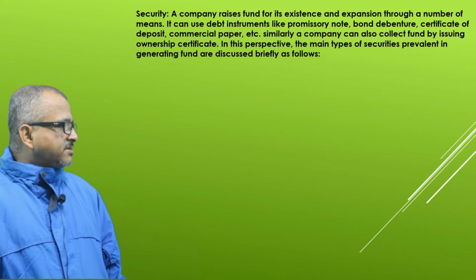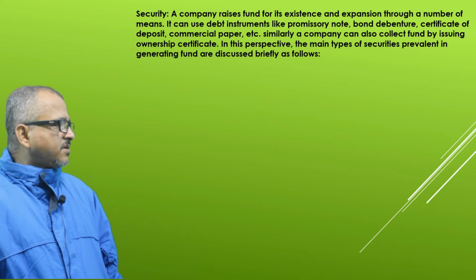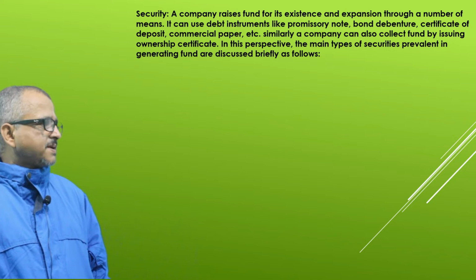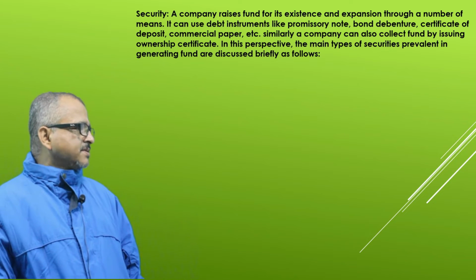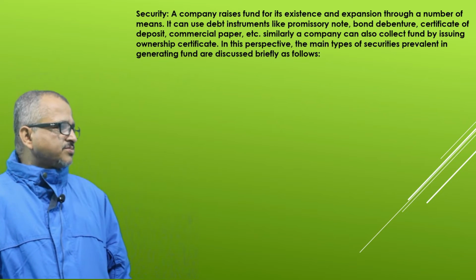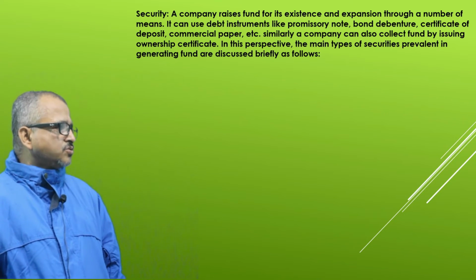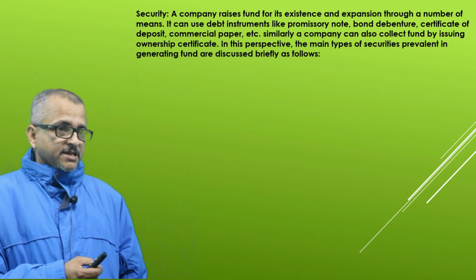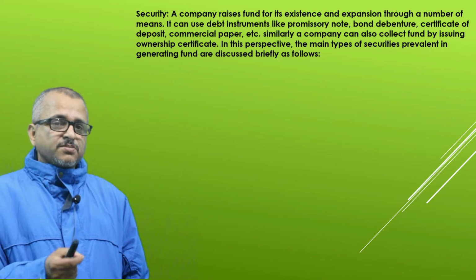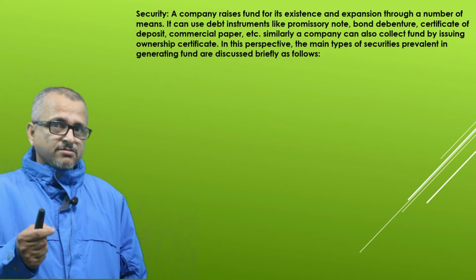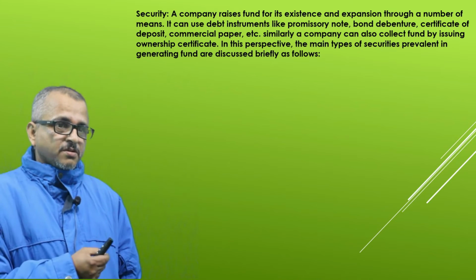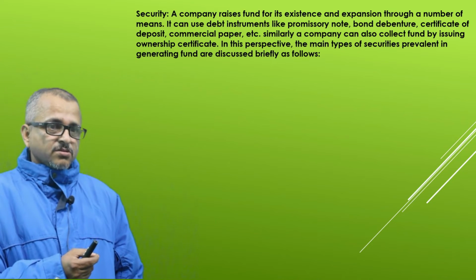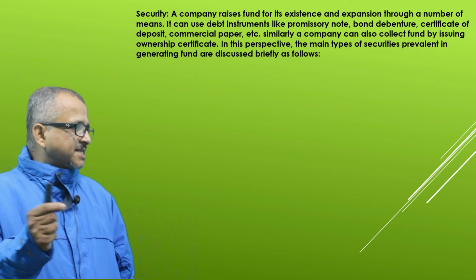So, security: a company raises funds for its existence and expansion through a number of means. It can be a debt instrument like a promissory note. I already told you it was paper money. That was the promissory note. Some amount of coin will be paid to the holder of this paper, though the merchant's name wasn't written there.